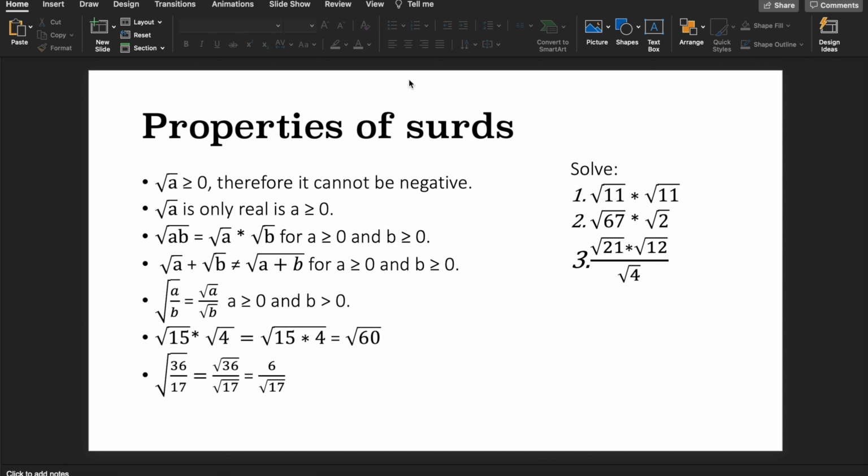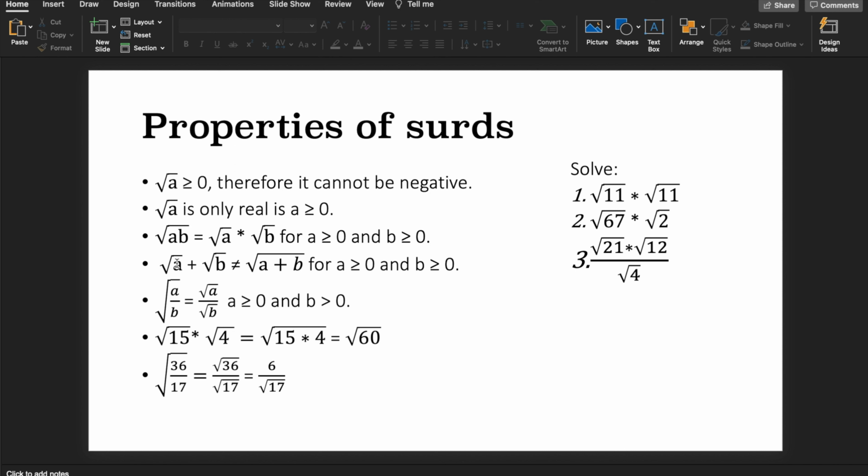And square root of a into b equals square root of a into square root of b. This is the property where a is greater than or equal to 0 and so is b.